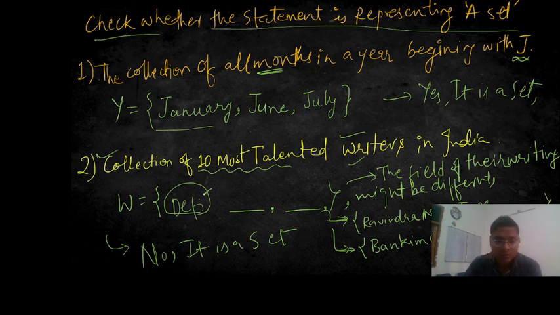Going to our third question. So the third question is a team of 11 best cricket batsmen of the world.